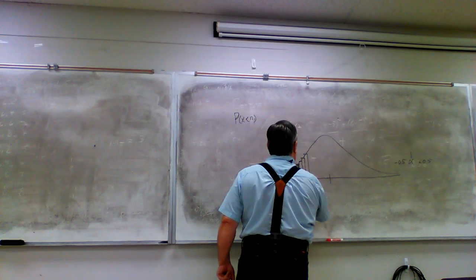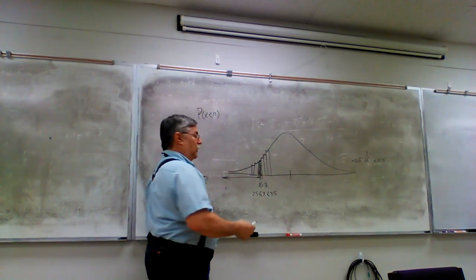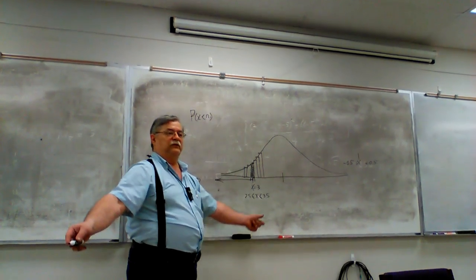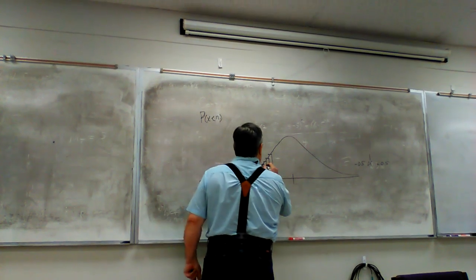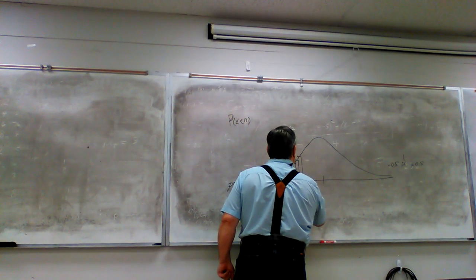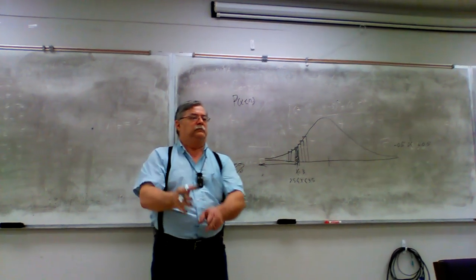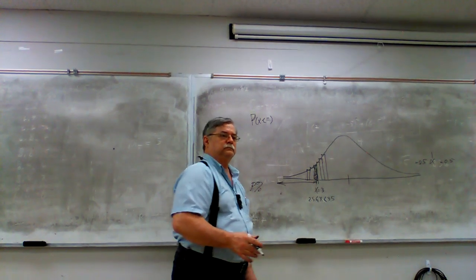Okay, now if you want to know, now you can look up the z-score for 2.5 and then the z-score for 3.5 and take the difference, and you've gotten this total area right here. You've got the total probability for that particular class or bin or group. Okay?